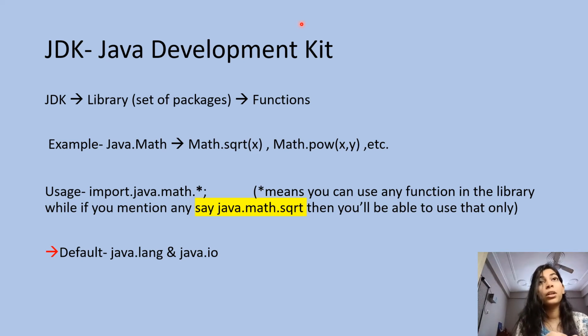Now here, why is it math.sqrt? Why is it not english.sqrt? Why not hindi.sqrt? Why is it math.sqrt? It is because it is listed under the library java.math, right? Thus, all the mathematical functions under the library java.math will begin from math.